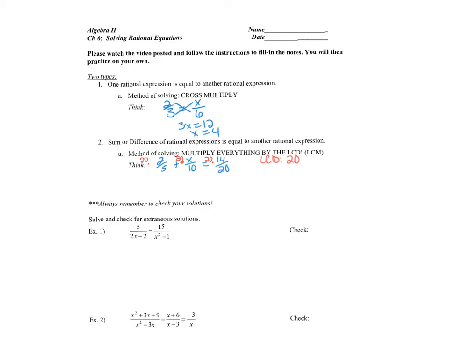You'll notice that in the first fraction, I get 40 over 5, which simplifies to just 8. In the next one, when I multiply by the LCD, I get 20x over 10, which simplifies to just 2x. When I multiply the last fraction by 20, I end up getting just 14 when I simplify.